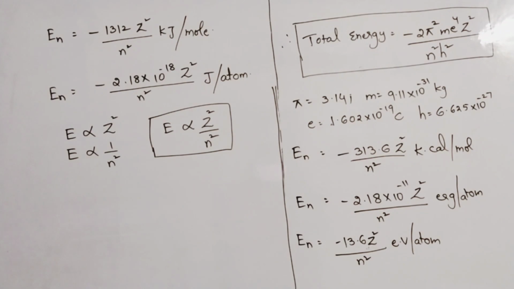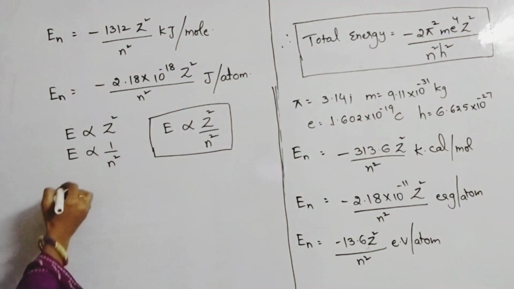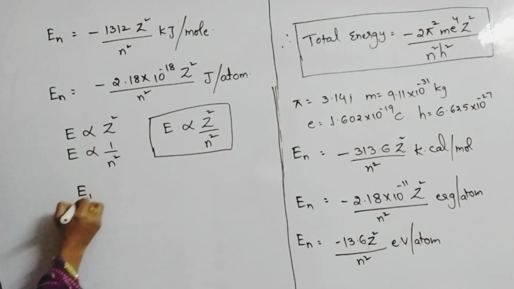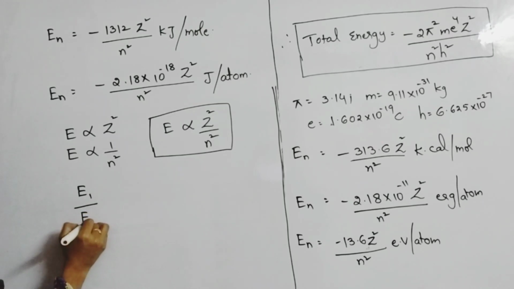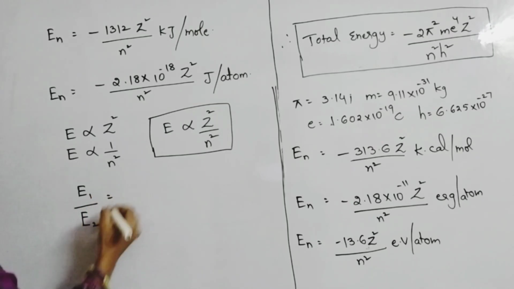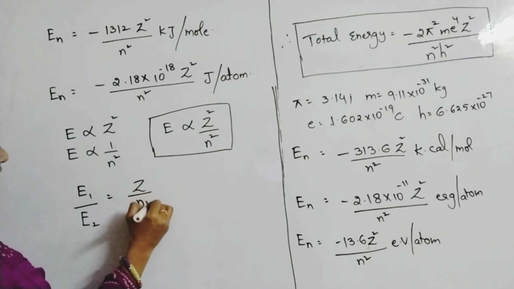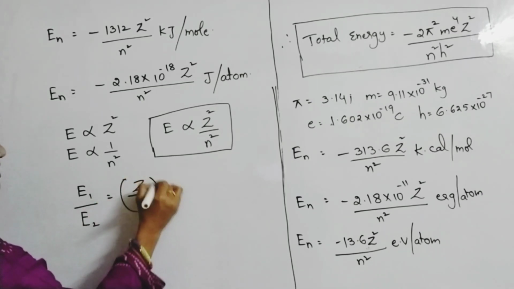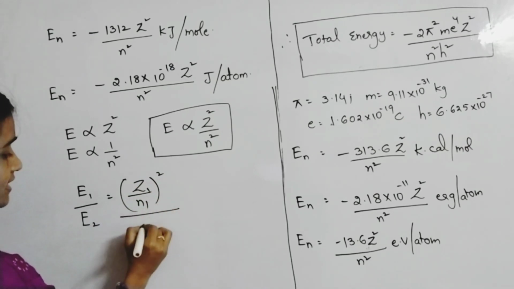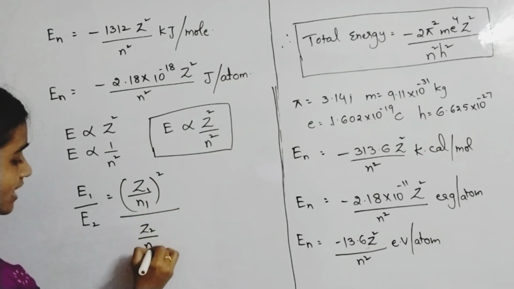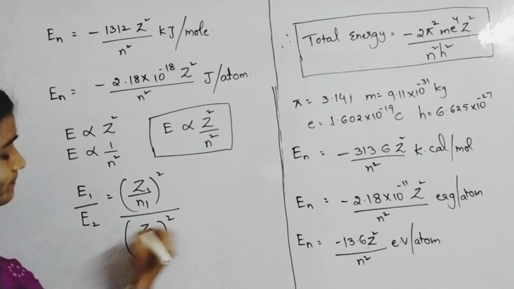What is that? E1 by E2 is equal to Z1 by N1 whole square by Z2 by N2 whole square.